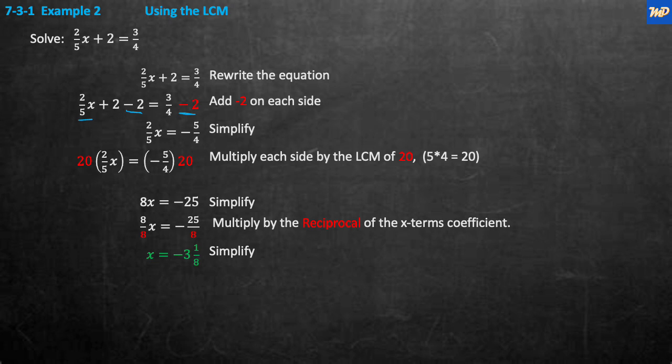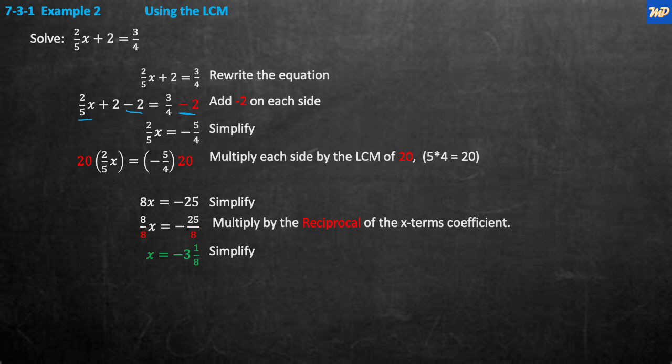So we're left with 2/5 x is equal to minus 5/4. Because how did we get minus 5/4? Well, the minus 2 in the fourths is 8/4. So minus 8/4 plus 3/4 is minus 5/4. Okay, so now we have fractions on each side.